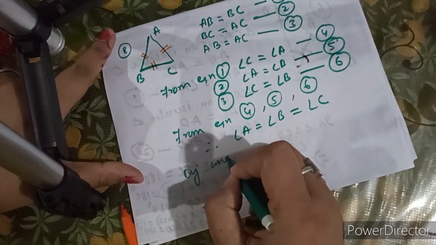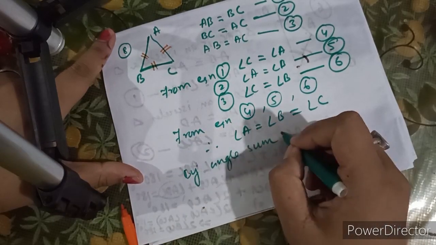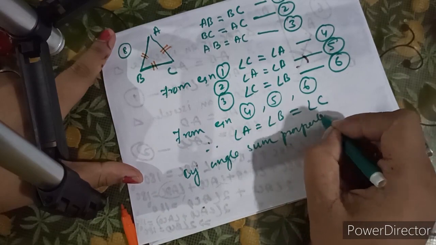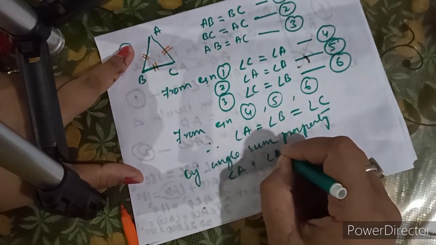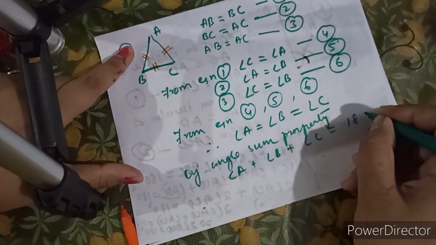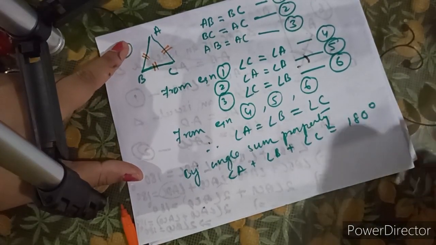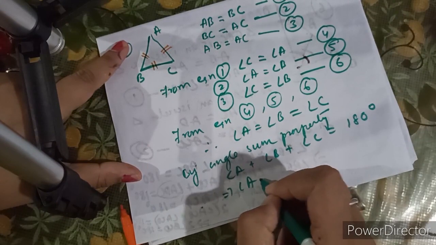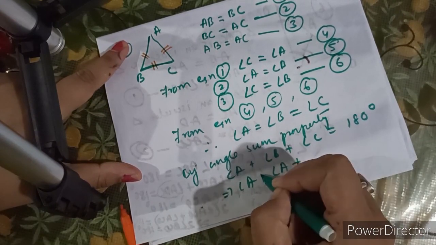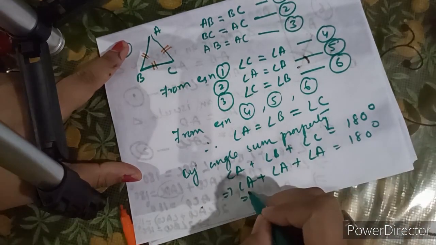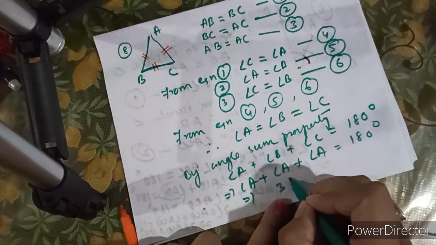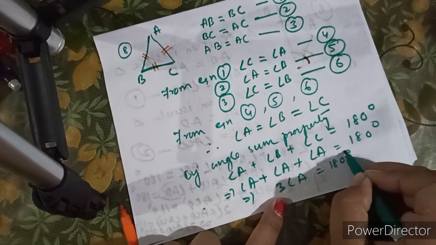Therefore by angle sum property, since ABC is a triangle, angle A plus angle B plus angle C together sum to how much? 180 degrees. So in place of angle B I can write angle A, and in place of angle C again I can write angle A. So how many angles are there now? 3 angle A equals 180 degrees.